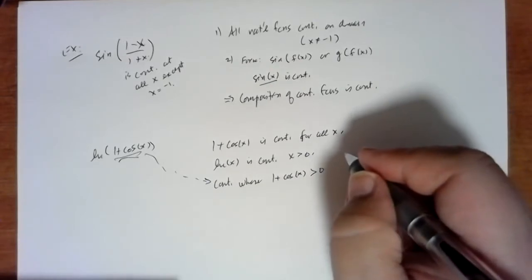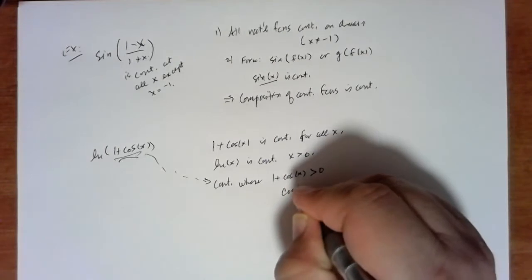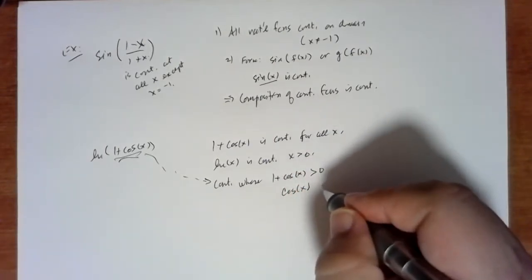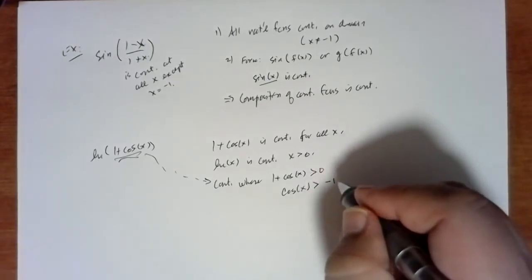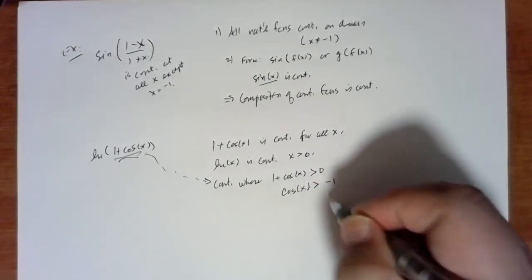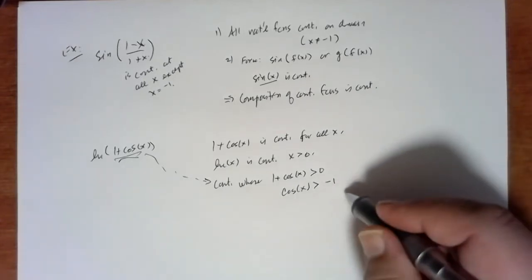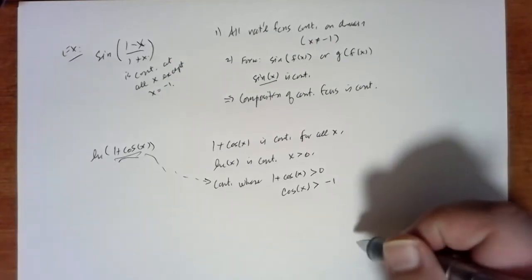Okay. And so where is that going to be true? That means the cosine of x has to be greater than minus 1. And is cosine of x greater than minus 1? Yes. It's never more negative than negative 1, right?